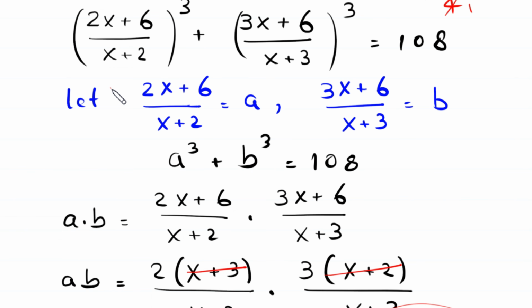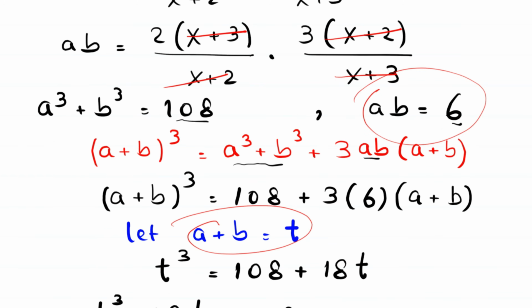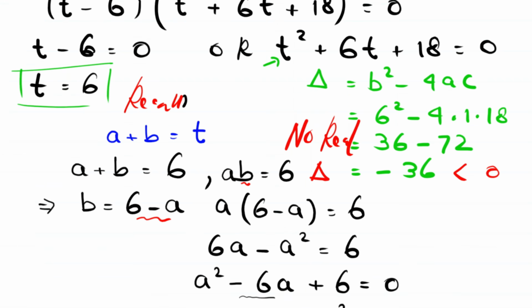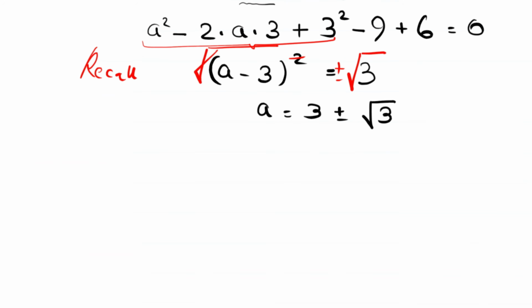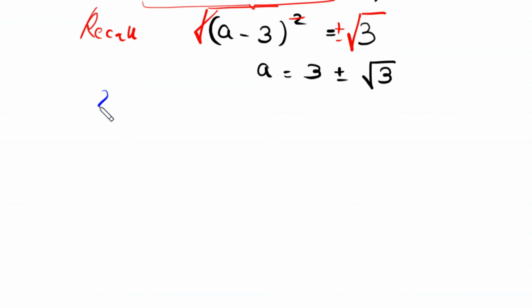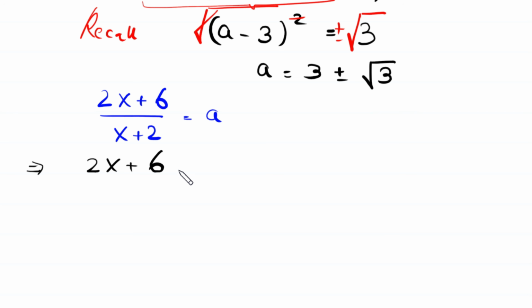So recall that we have supposed that 2x plus 6 over x plus 2 equal to a. If we multiply both sides by x plus 2, this implies that 2x plus 6 equal to a times x plus 2 times a.